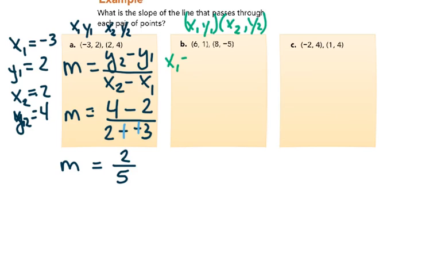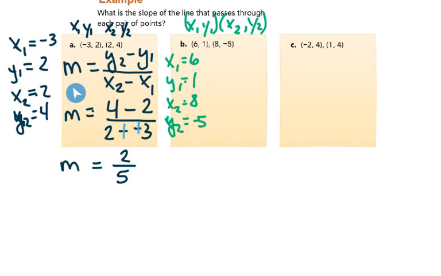So x1 equals 6, y1 equals 1, x2 equals 8, and y2 equals negative 5. And I got those values because I put x1 is 6, y1 is 1, x2 is 8, y2 is negative 5. That's where I got those.